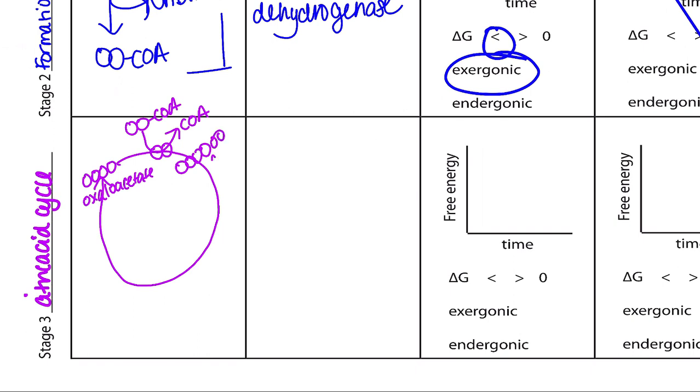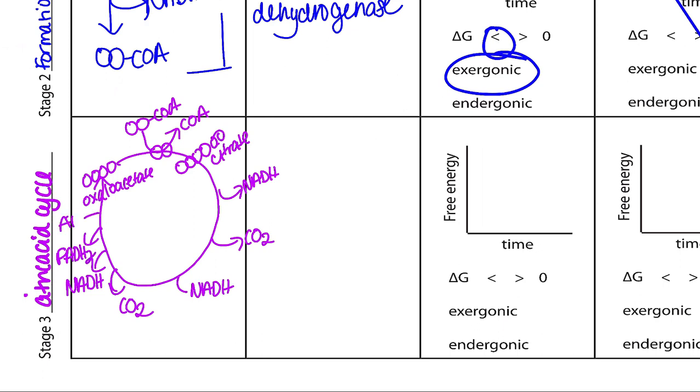And we make citrate. That citrate is going to go around, and as it goes around, we're going to knock off carbons that came from that acetyl group. They leave as CO2. During this, we will also make NADH. So we make 3 molecules of NADH, a molecule of FADH2, and 1 ATP.